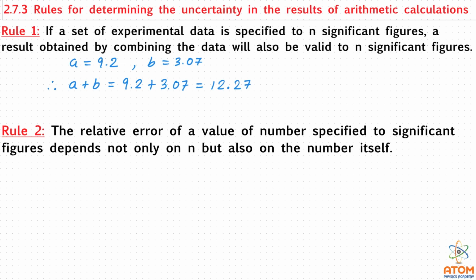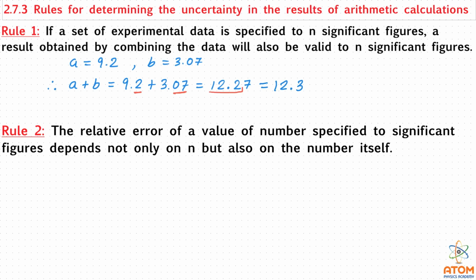Here the least decimal place is the first place in 9.2. In 3.07 there are 2 decimal places. So in the answer we have to give the answer up to the least decimal place. So I have to reduce this answer to the first decimal place, and so the answer will be 12.3. See, I have to remove this 7, that's why I have to add 1 in 2.